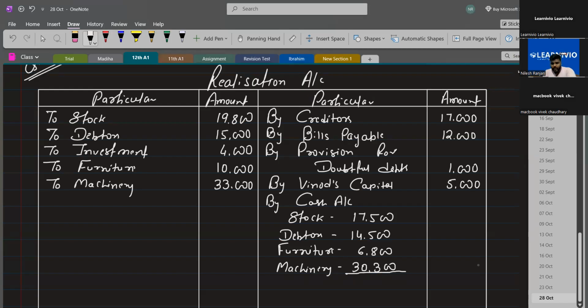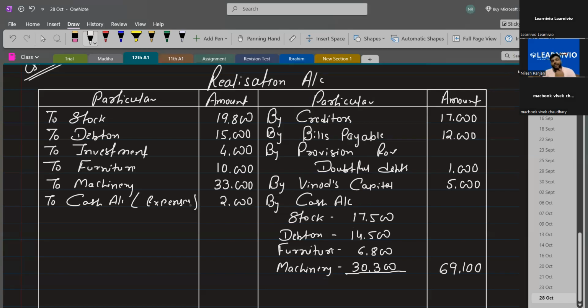So total amount 69,100. Expenses on realization amounted to rupees 2,000. So to cash account, expenses, 2,000.